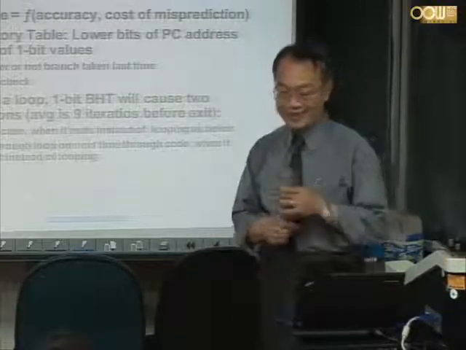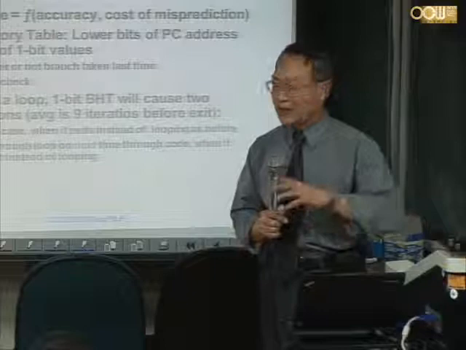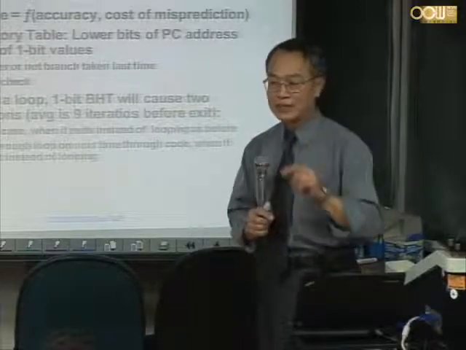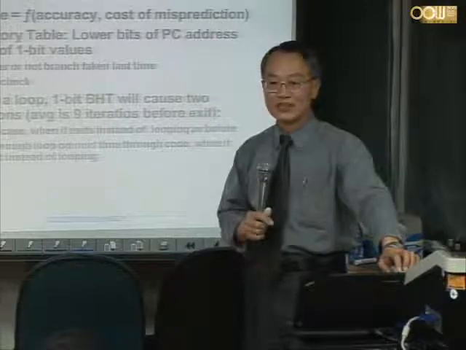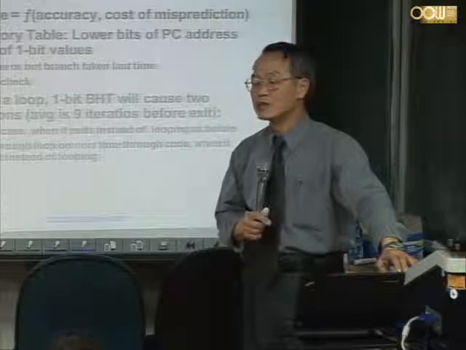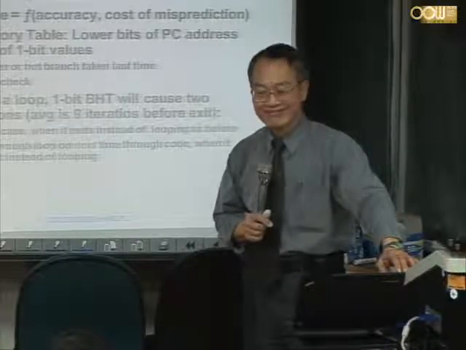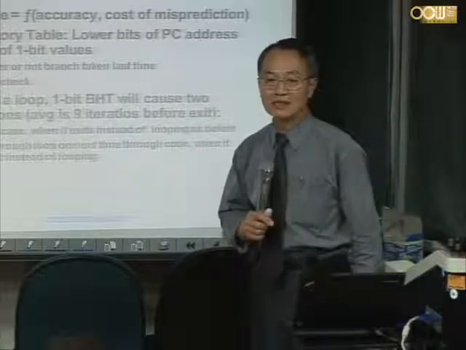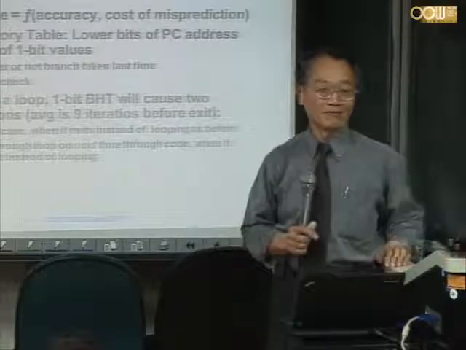By default, it's always weakly taken wherever a branch is first encountered. What's wrong with that method? No good. Because even if you say it's taken, you don't know what the target is. Even if the direction prediction is right, it doesn't help. Got it?